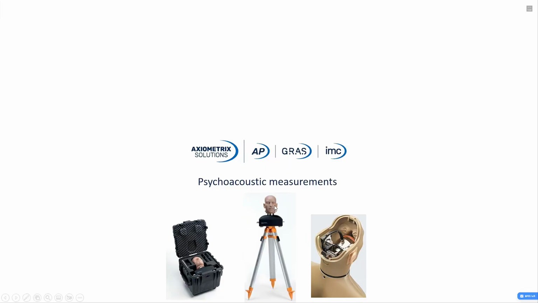So you're actually detecting what the human person is feeling or getting into the eardrums. So this is much, much more a subjective measurement.